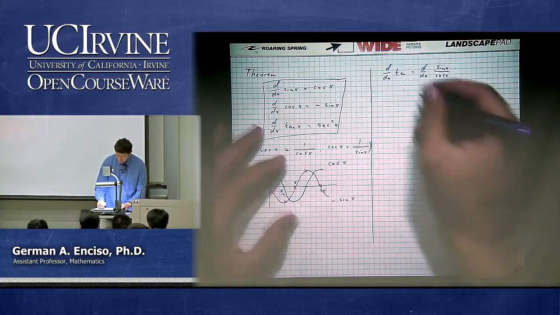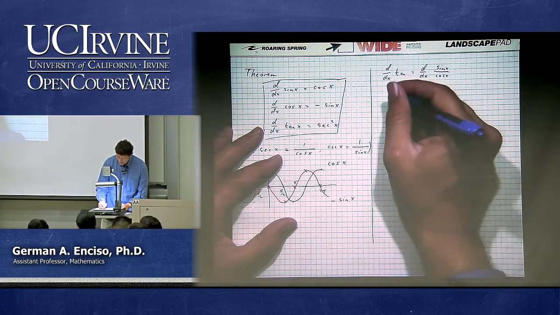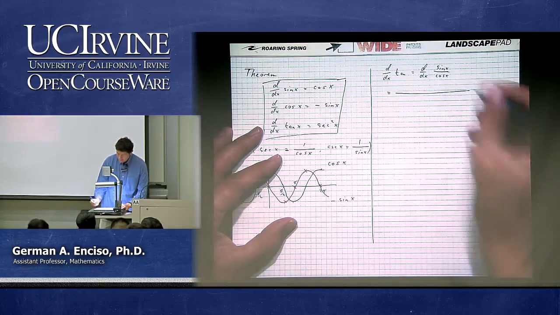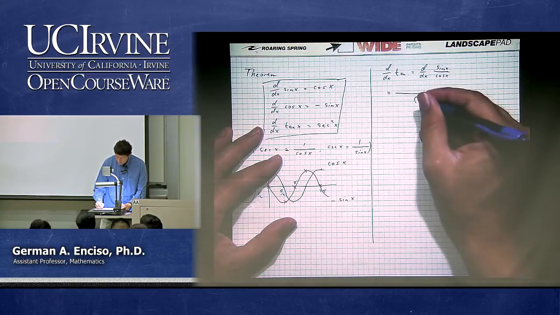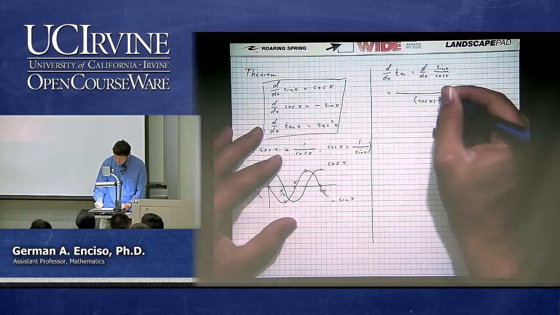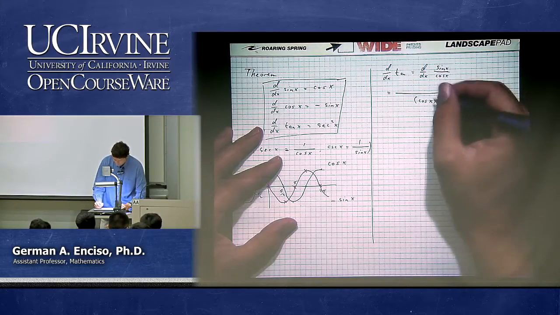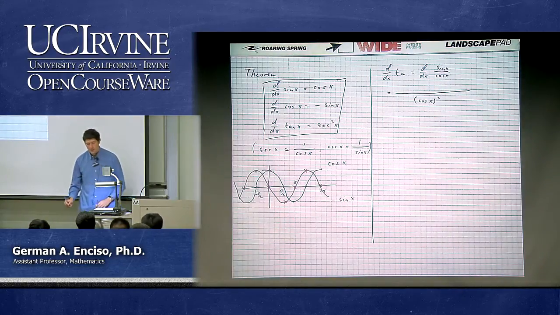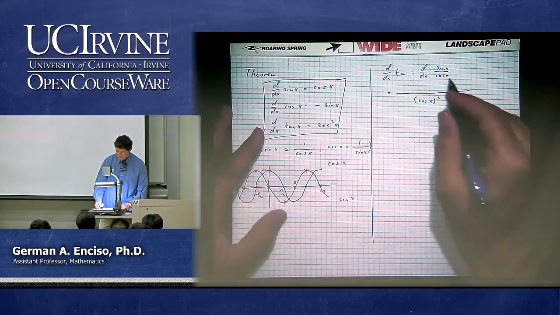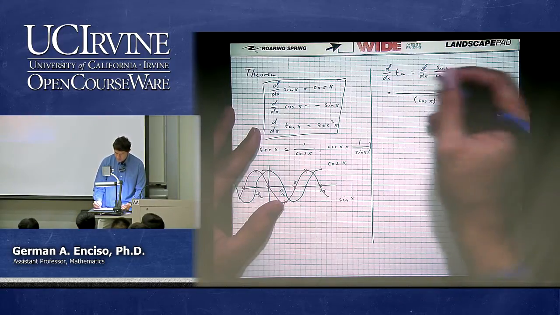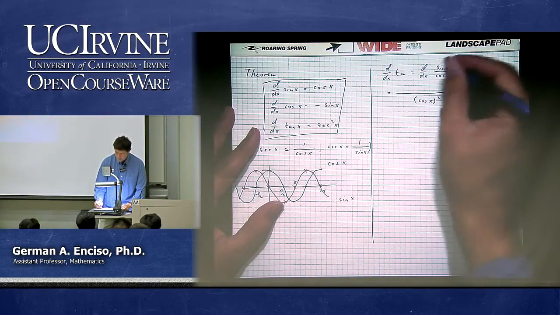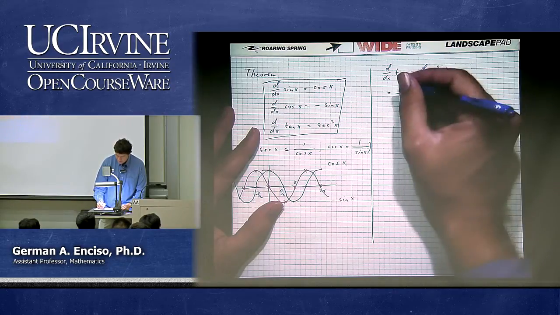So, and that, as we know, is cosine x squared on the bottom. And on the top, we have to write the derivative of the bottom, sorry, the bottom times the derivative of the top. See, now I'm getting confused.